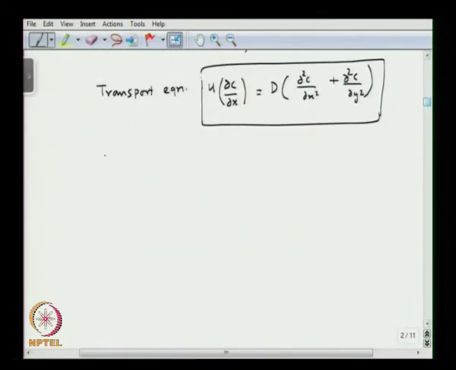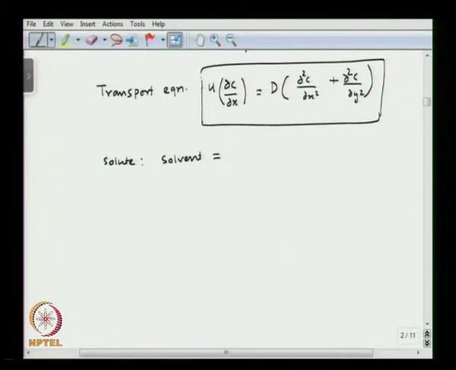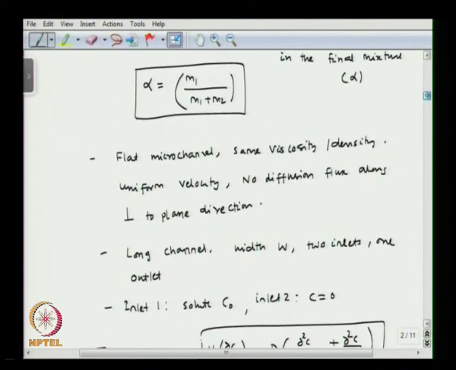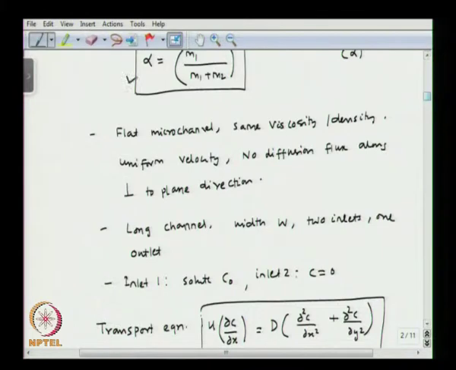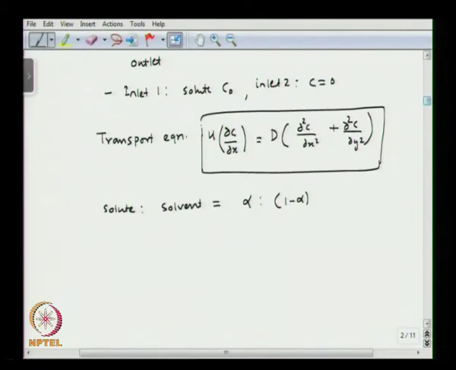So, the ratio between solute to solvent is equal to alpha is to 1 minus alpha, okay, where alpha is given here, the mass flow rate of solute divided by solute plus solvent, okay.